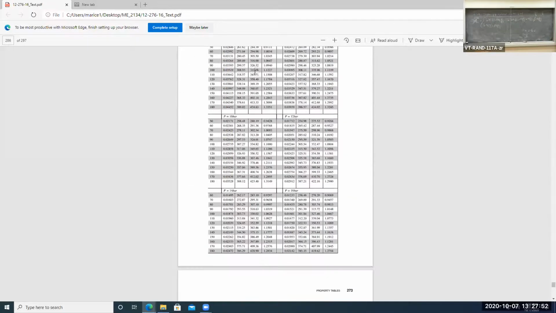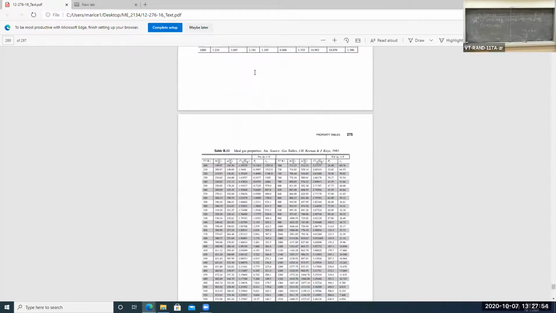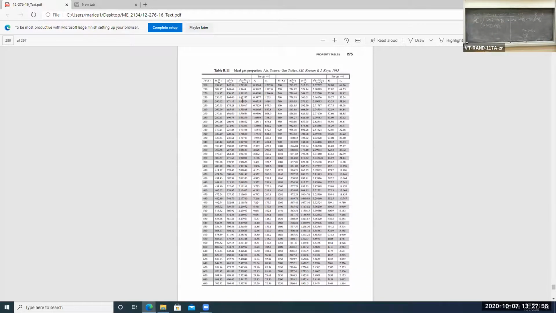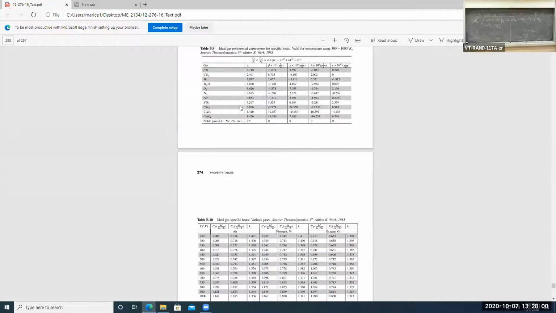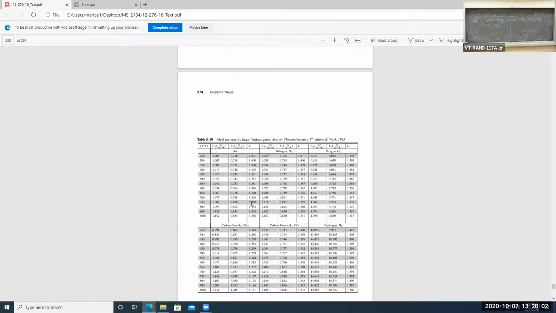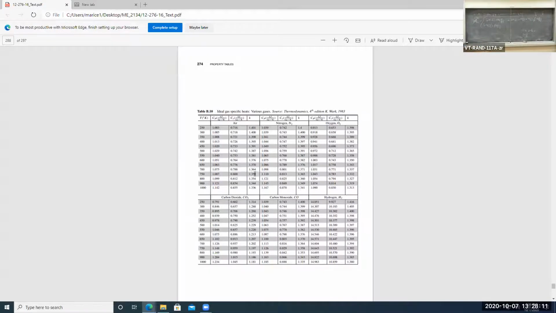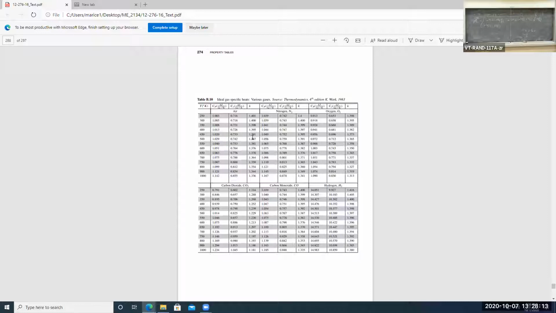Here's air. If you need the ratio of Cp over Cv to do a calculation, you can look it up in table B10. So k is a function of temperature, just like Cp and Cv are, after all, k is the ratio of Cp over Cv.